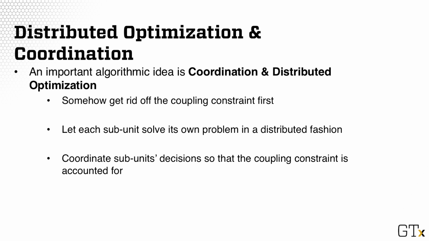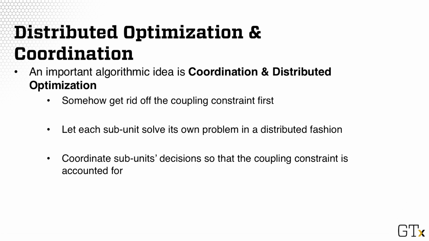We're going to get into exactly how to do that. We don't really throw away the coupling constraint, but we deal with it in a way that it almost disappears. And then let each subunit solve its own problem for its own decision, subject to its own constraints.